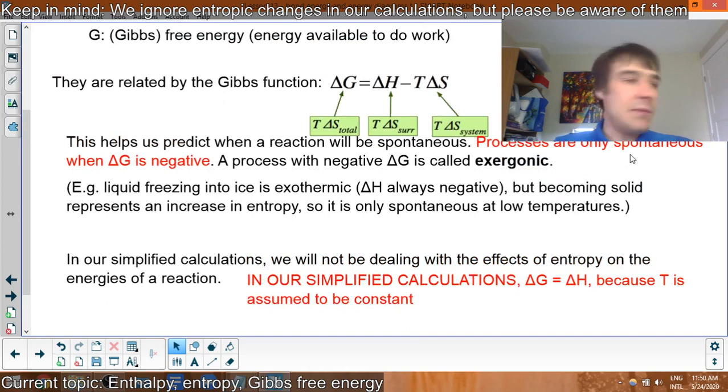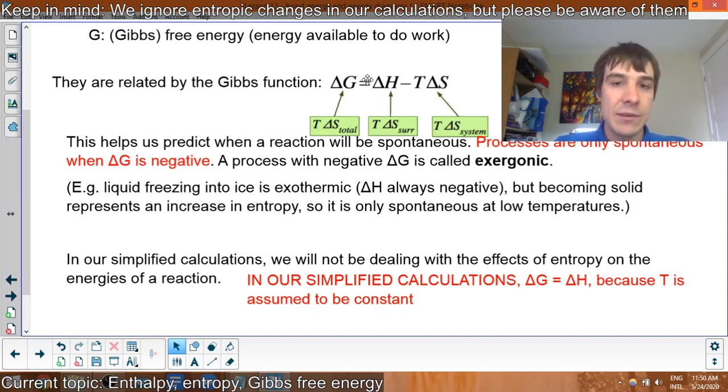And the same thing happens with boiling. Boiling is endothermic, so we kind of predict that it might never happen, but boiling represents an increase in entropy. And so when the temperature gets hot enough, 100 degrees Celsius, the increase in entropy overrides the increase in enthalpy.